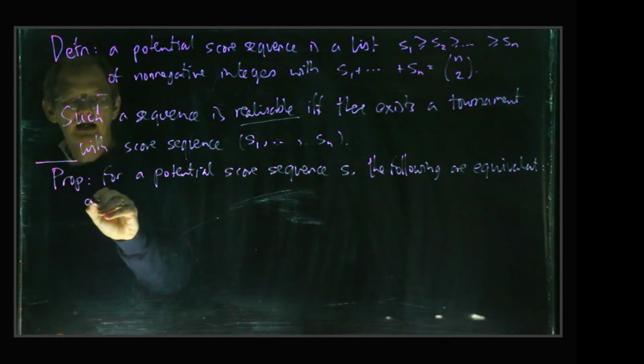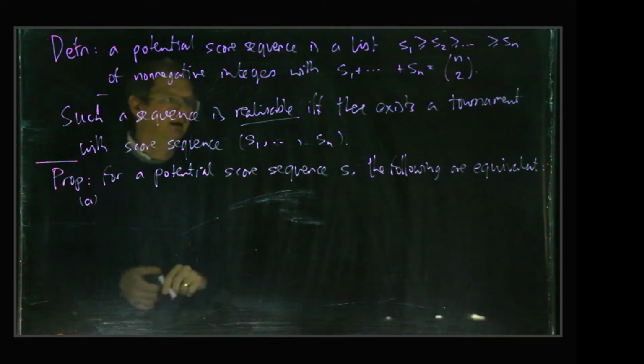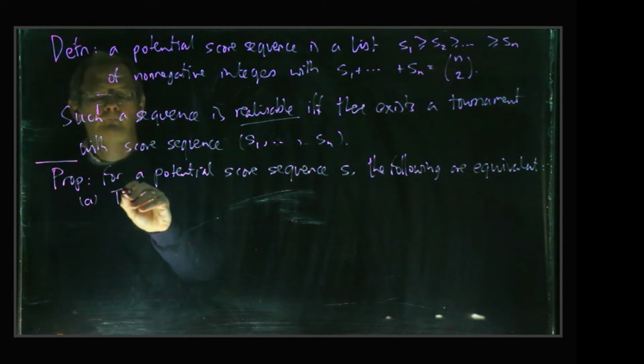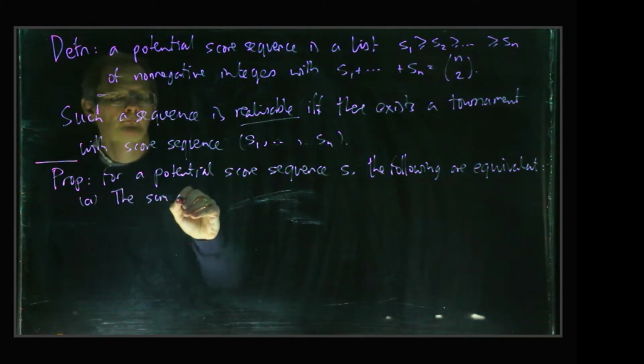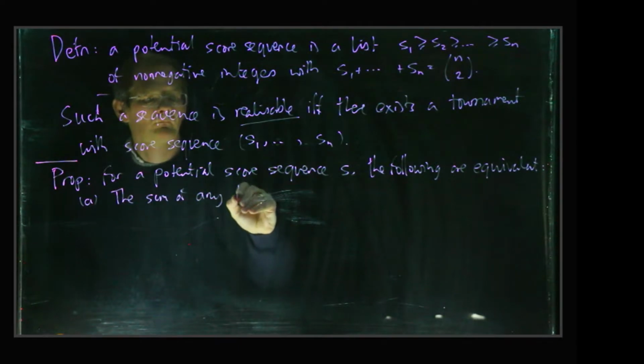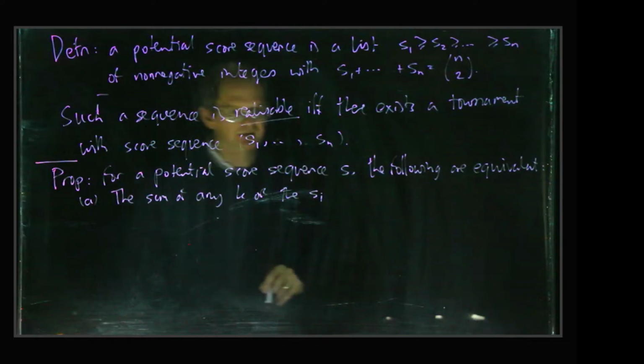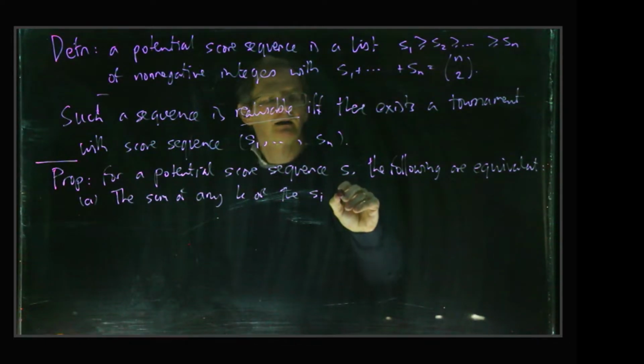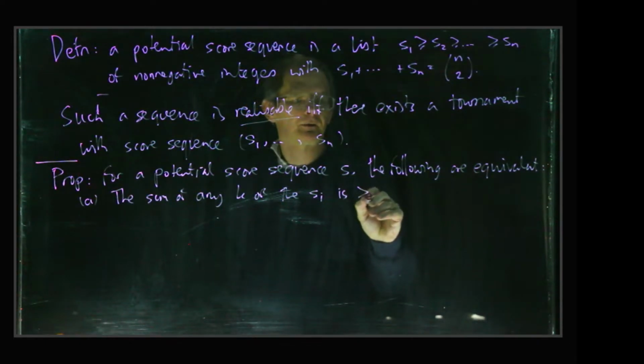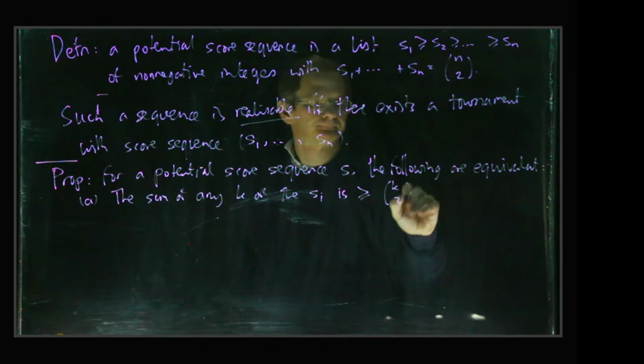So condition A: we take any k of these numbers Si, and the sum is going to be greater than or equal to k choose 2.